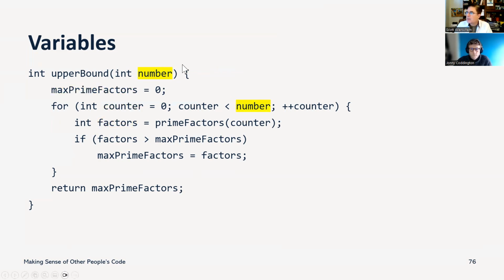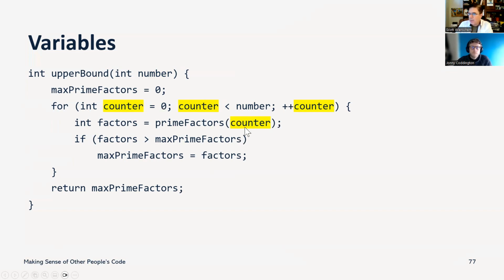So the number, we can think of that as holding the most recent value, the most recently entered upper bound from the user. This one we can think of as a stepper because it helps us step through the loop.